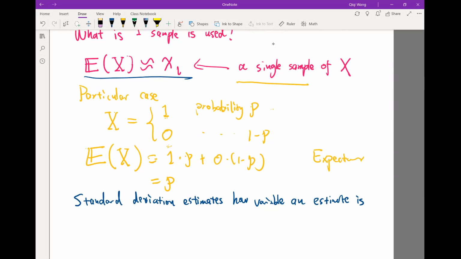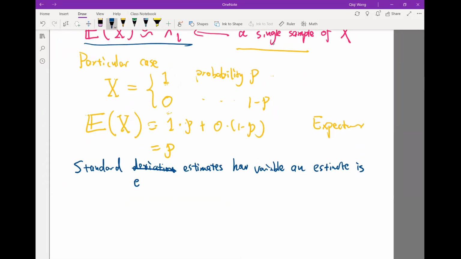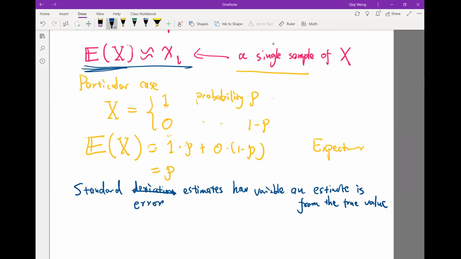Actually, let's discuss not the standard deviation, but the standard error first. The standard error indicates how variable an estimate is from the true value. In this case, we want to estimate the expectation, or the population mean, of a random variable, and we estimate it using just the value of a single sample.